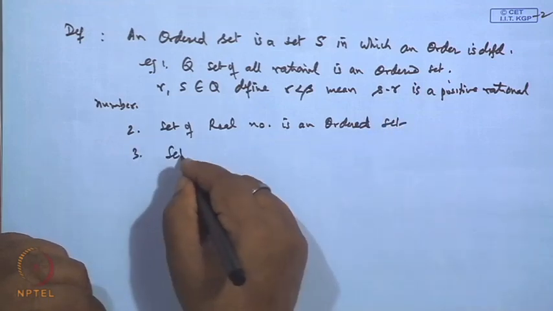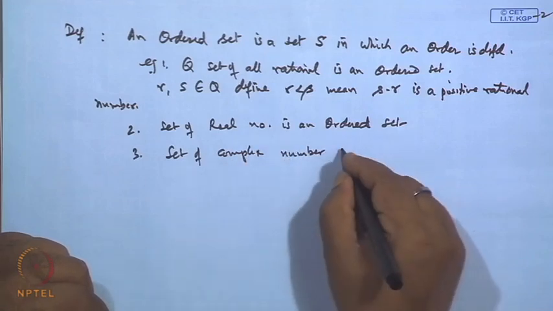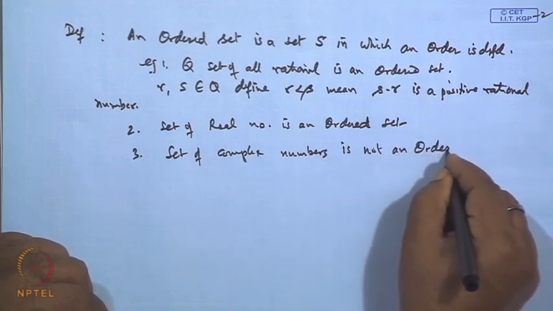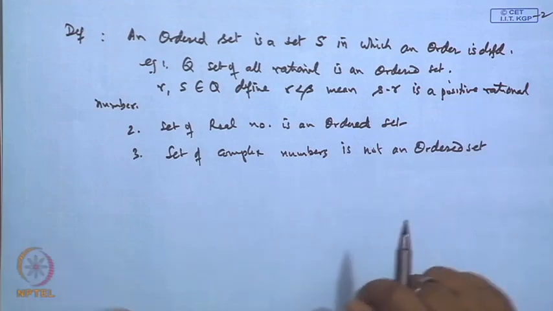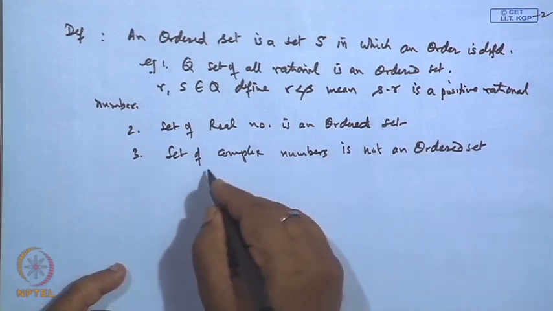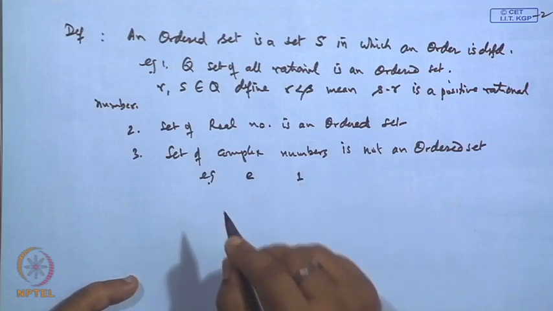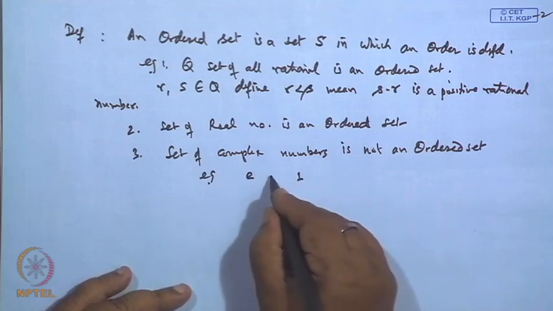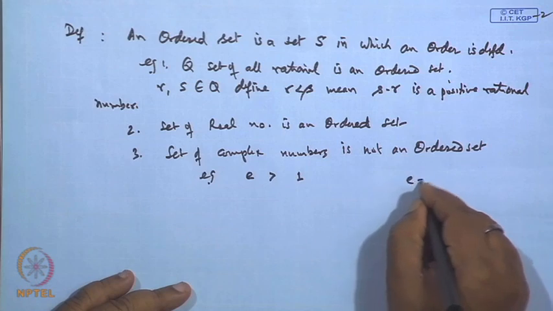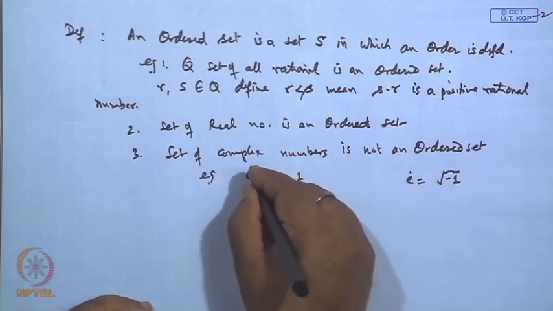However, the set of complex numbers is not an ordered set. We cannot introduce the order between two elements of the set of all complex numbers, because for example, suppose I take the complex numbers i and 1, and say i is greater than 1, where i is the square root of minus 1.